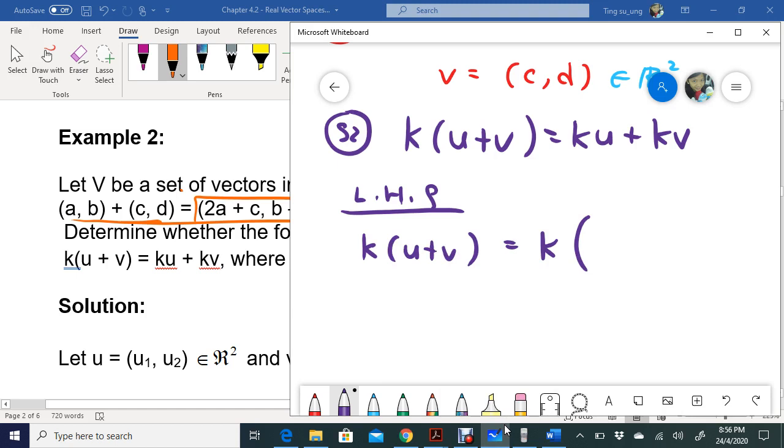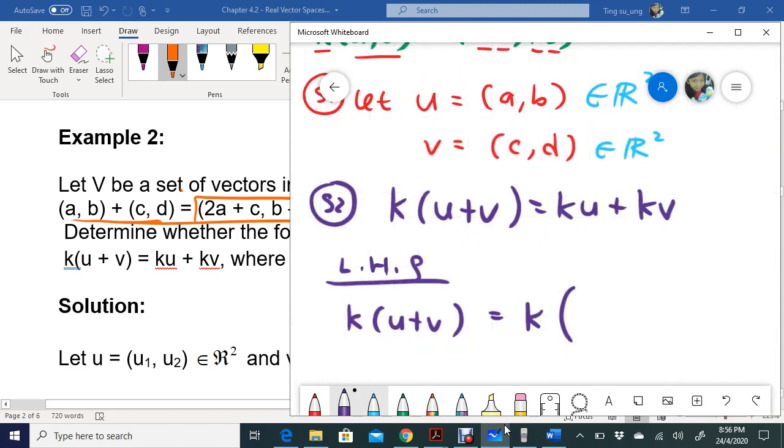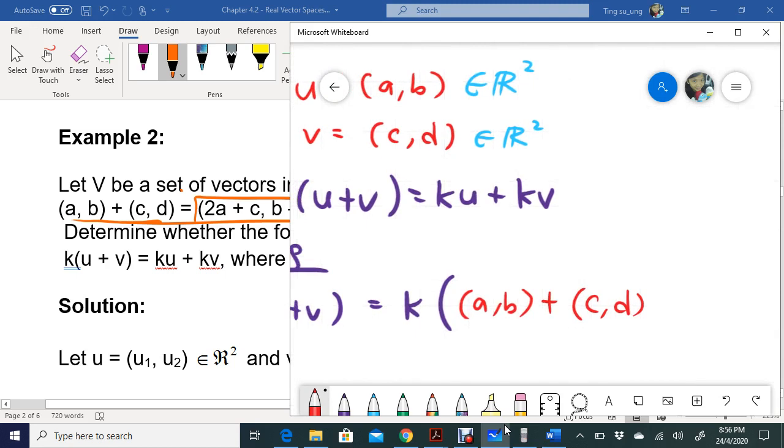What is your u? Just substitute in first. u is (a, b). What is your v? (c, d). Is it okay? Then close bracket.